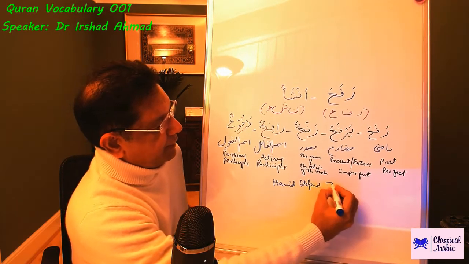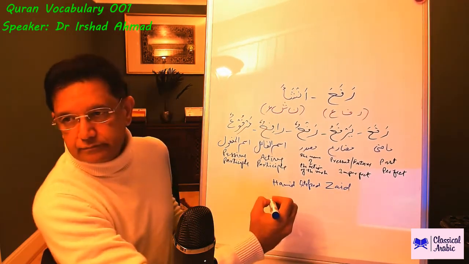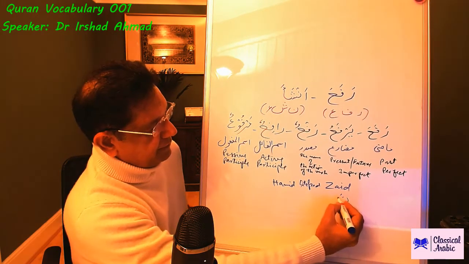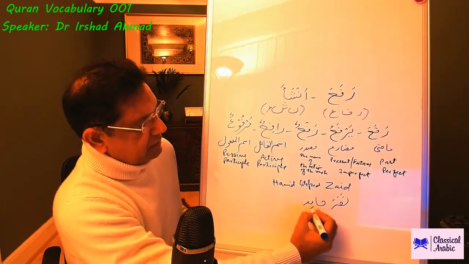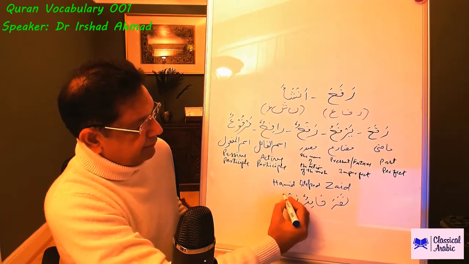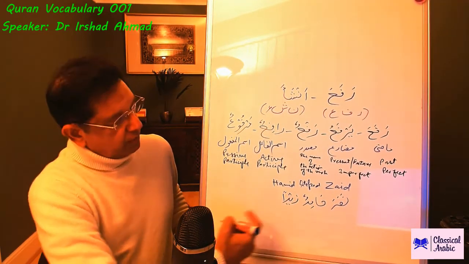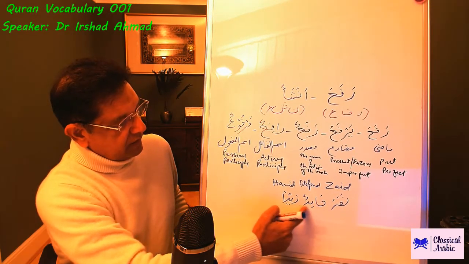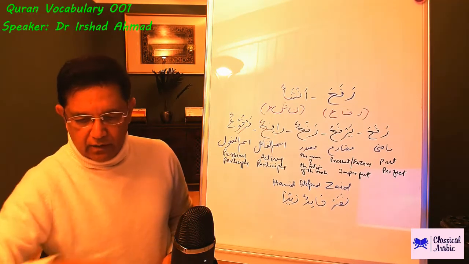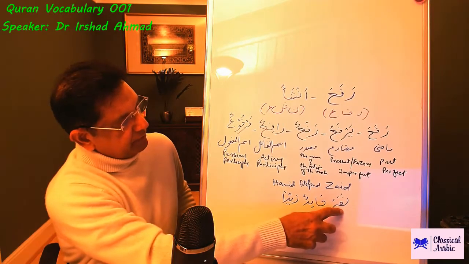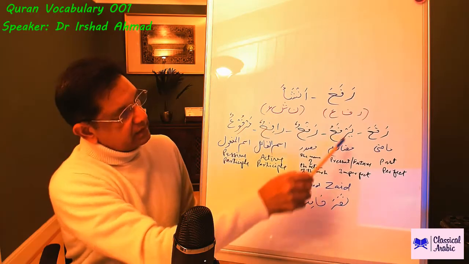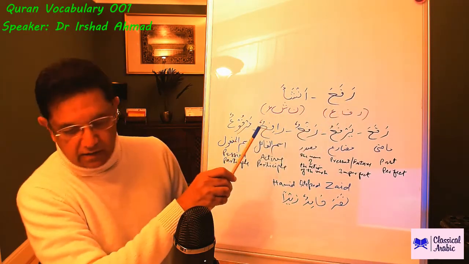So we translated this as Nasara Hamidun Zaidan. Okay, so we've got this fa'il there. We've got noun and noun here, and if we look carefully, we'll see that Nasara is exactly the same pattern as Rafa'a. This Nasara here is exactly the same pattern as that of Rafa'a.